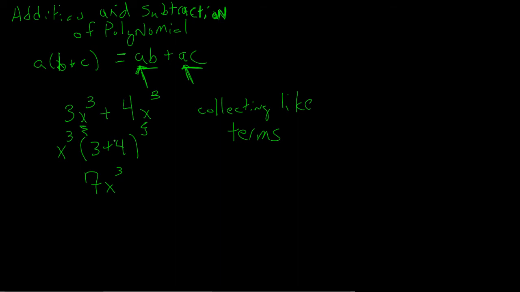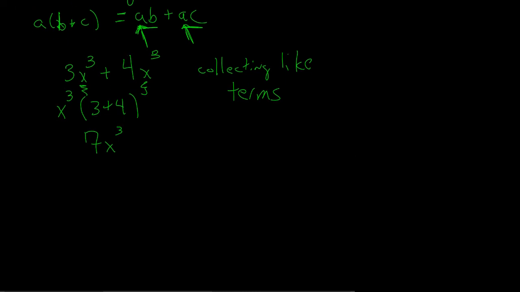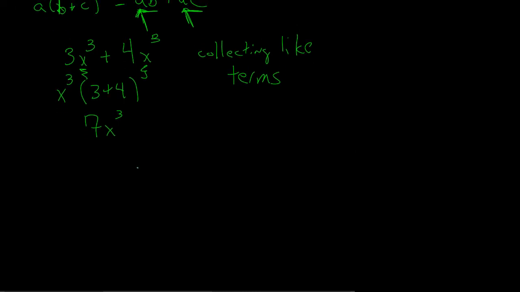In English that's an easier thing to say or do, but the pattern is underneath it. I'm going to switch to my sky blue again and collect like terms. So I can have a very large polynomial.